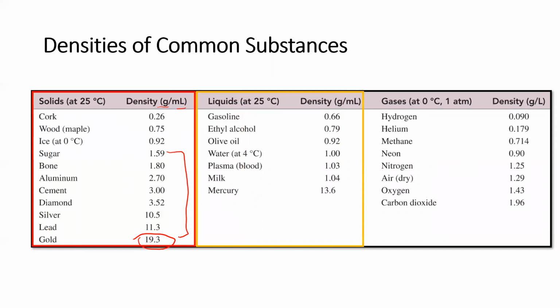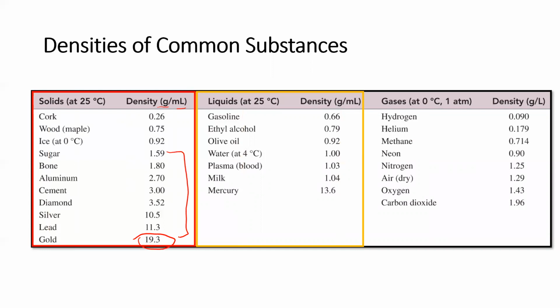Now, when I go to liquids, they're still pretty condensed phases, right? When I think of solid, liquid, gas, the solids and the liquids have a fixed volume because their particles are close to one another. So the units are still grams per mil because they take a relatively small space to get grams.